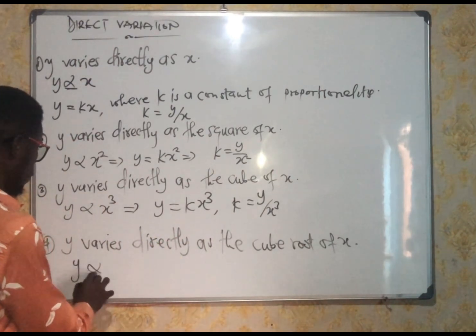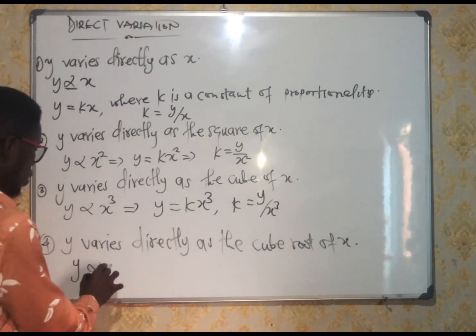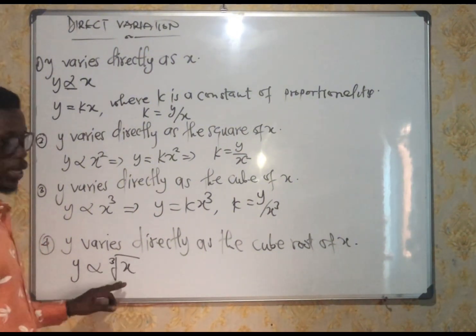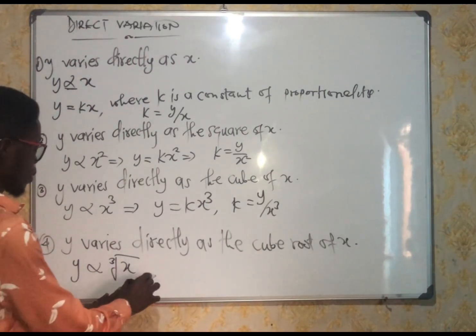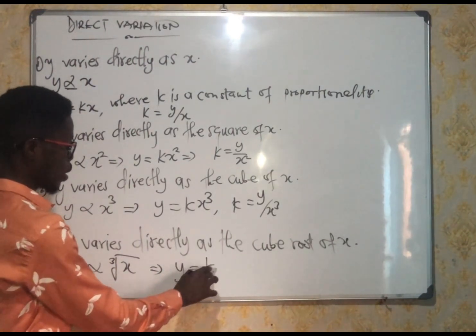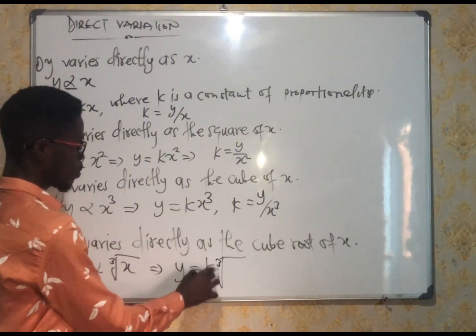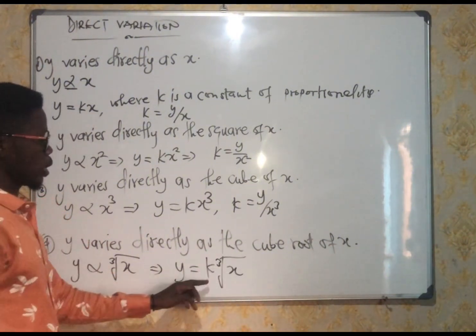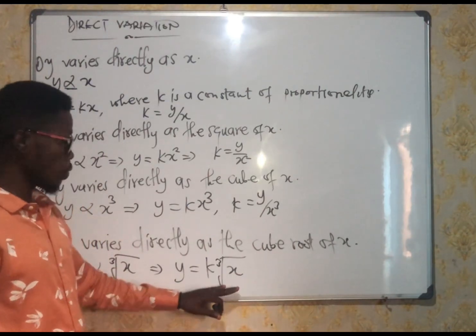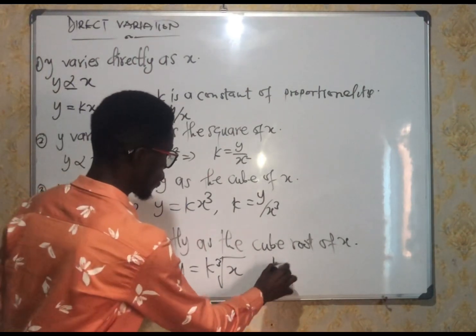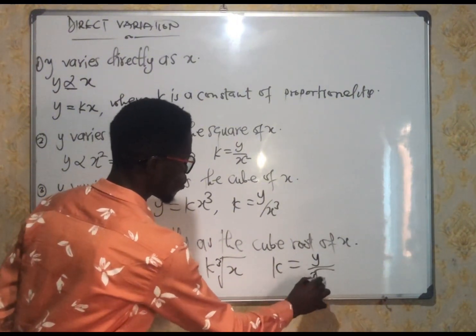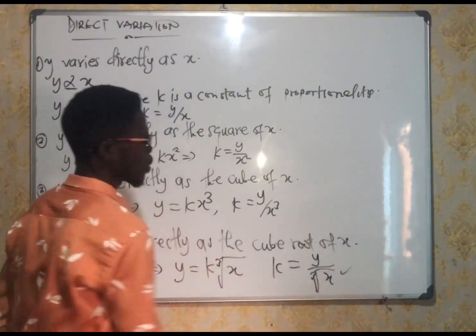If I want to take off the sign, y equals k multiplied by the cube root of x. If I want to make k the subject, I'll just divide both sides by the cube root of x. So my k will be equal to y over the cube root of x.